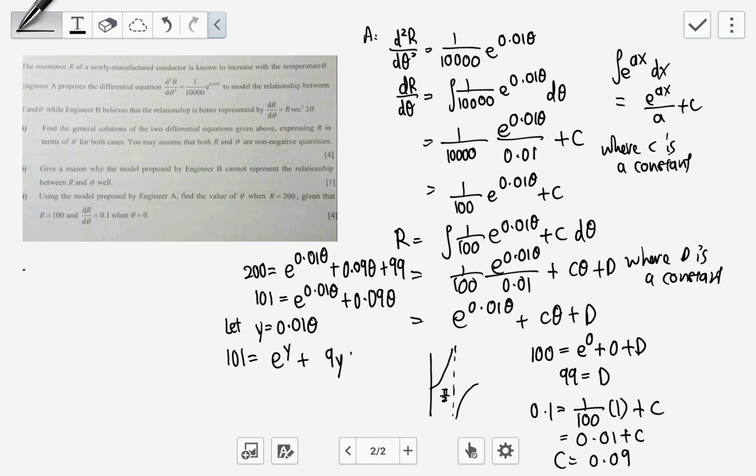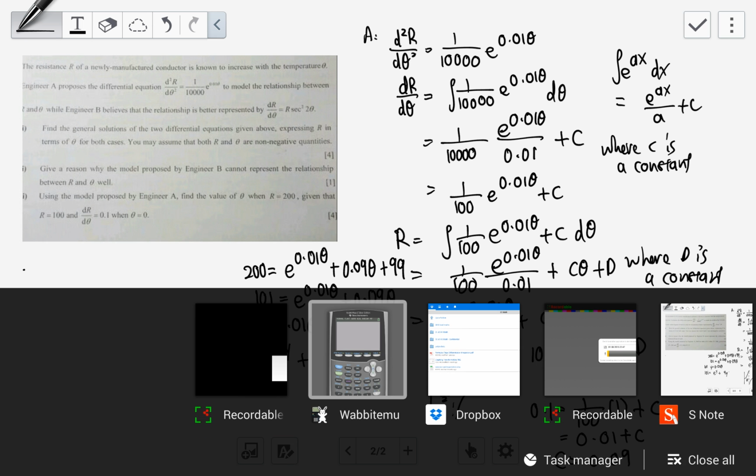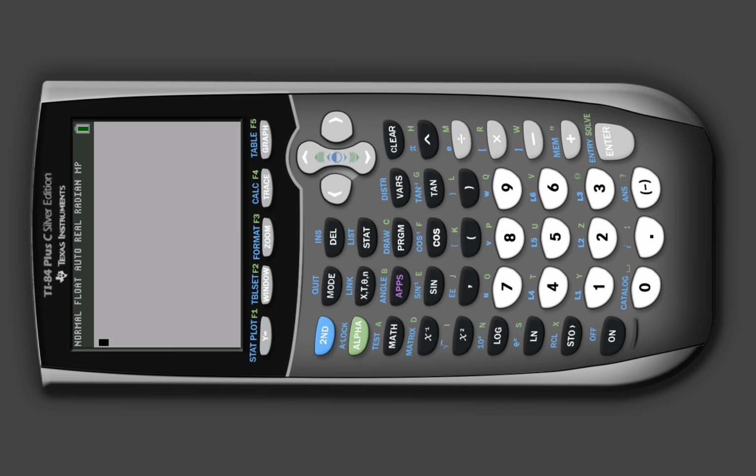Okay, so how do I solve this? 101 equals e^y plus 9y. So I'll go to Y equals. On one side I will put 101.